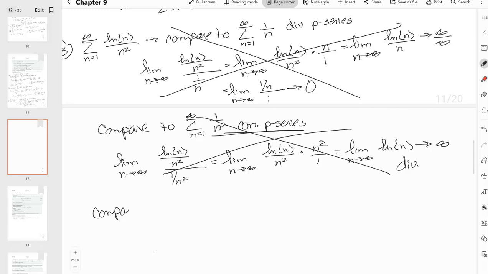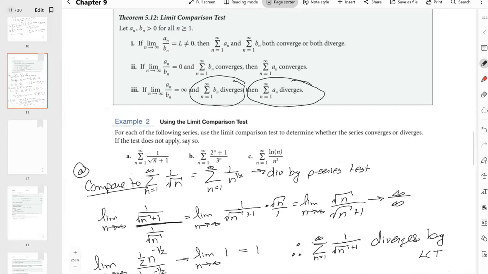So let's compare to the sum from n equals 1 to infinity of 1 over n to the 3 halves. Since that power is bigger than 1, this is still a convergent p-series. But maybe we'll get a limit that deals with convergence.